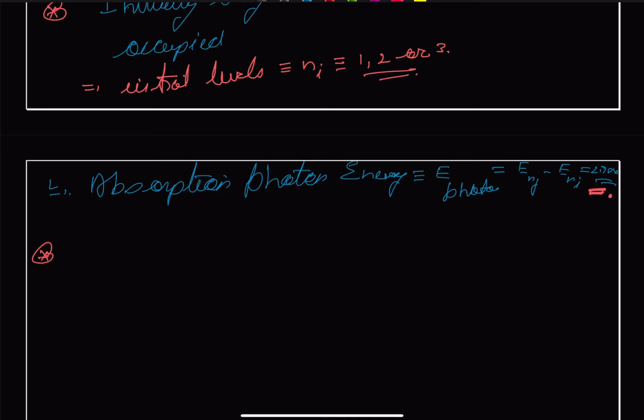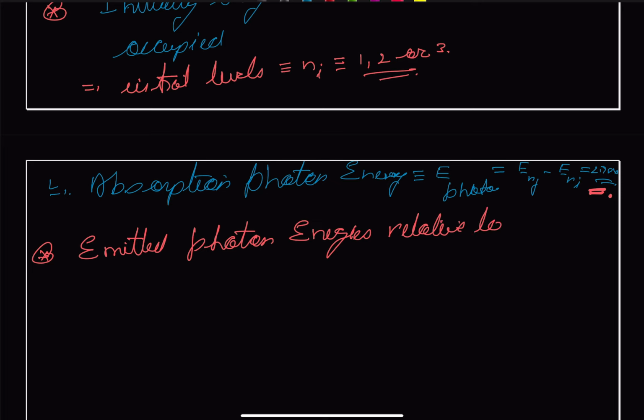Okay, this will give us an approximate idea when we compare them with 2.7 electron volt. So we can say our emitted photon energies relative to 2.7 electron volt.